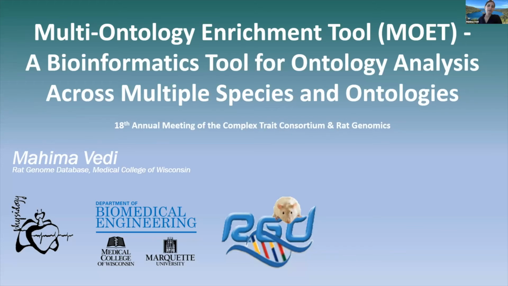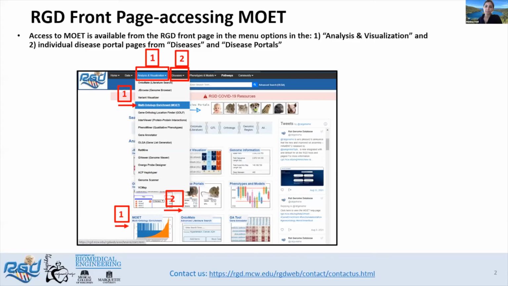Thank you. I am Mahima, and I'm going to go over the Multi-Ontology Enrichment tool, which is a bioinformatics tool for ontology analysis across multiple species and ontologies. Gene set ontology analysis has become integral for studying complex genomic and transcriptomic data.